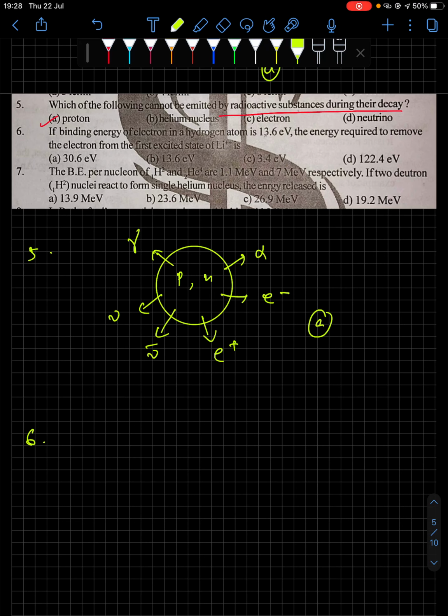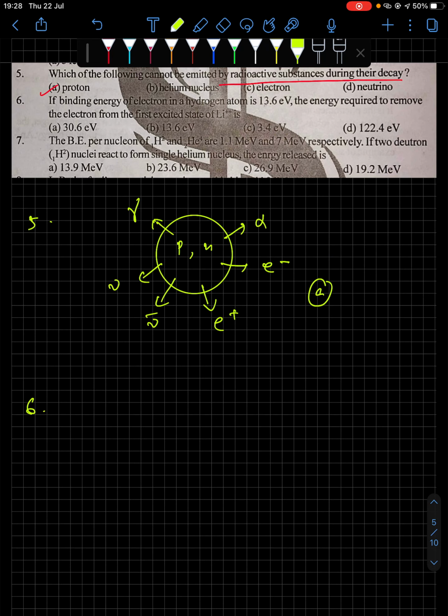If binding energy of hydrogen atom is given, the energy required to remove electron from first excited state of lithium plus 2 plus. So firstly find out what is the energy at the first excited state of lithium 2 plus.